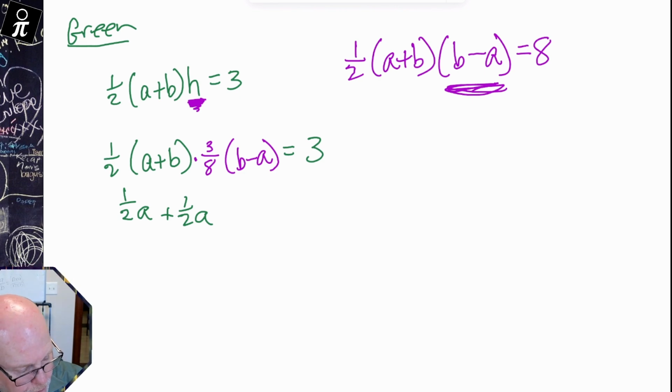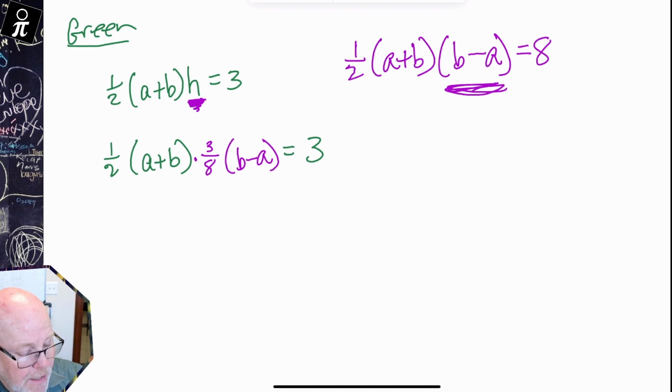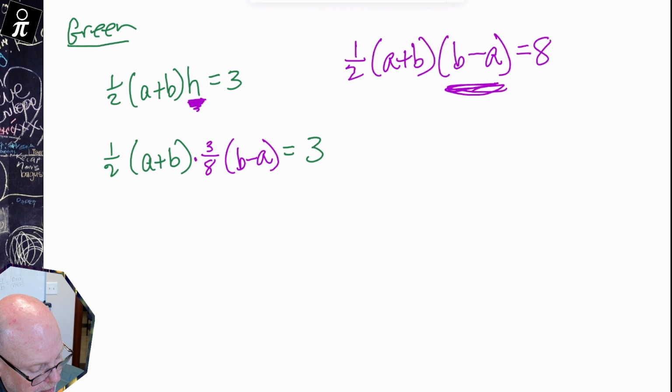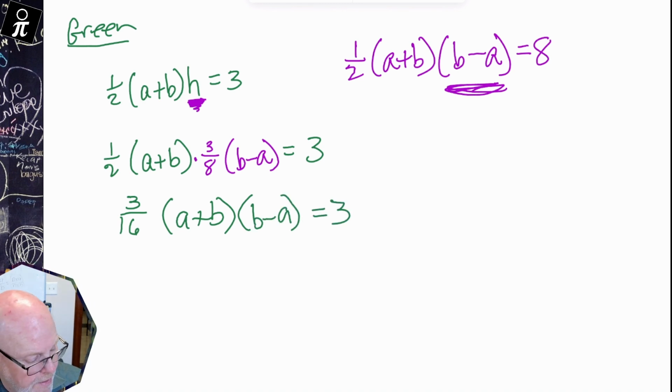Multiplying the fractions, 1/2 times 3/8 becomes 3/16. Then I've got (A plus B) times (B minus A), and that equals 3. So far, all I've done is multiply the two fractions together.